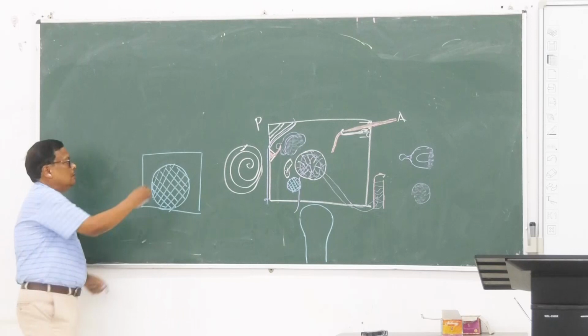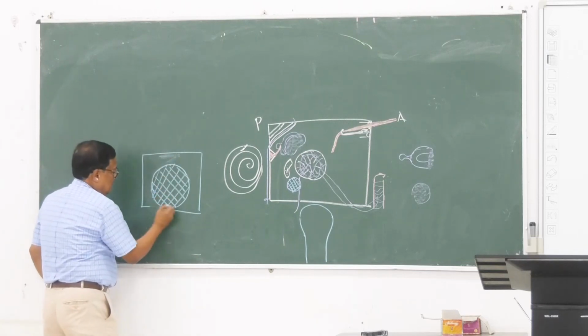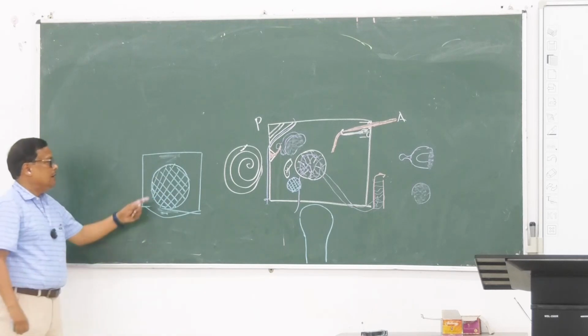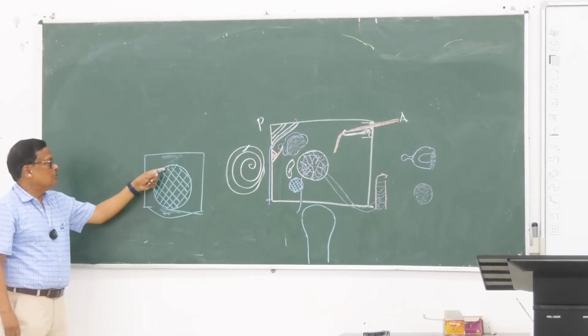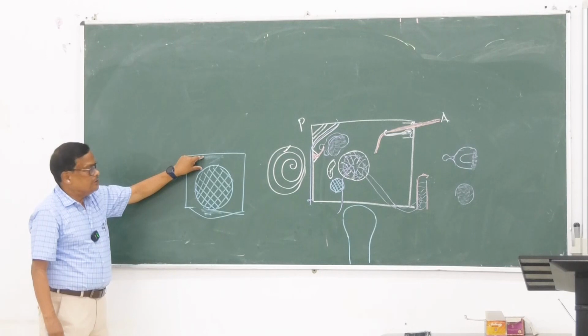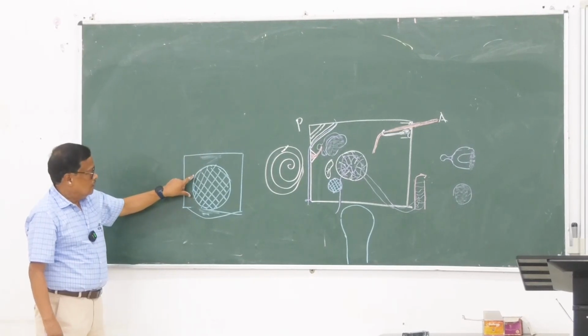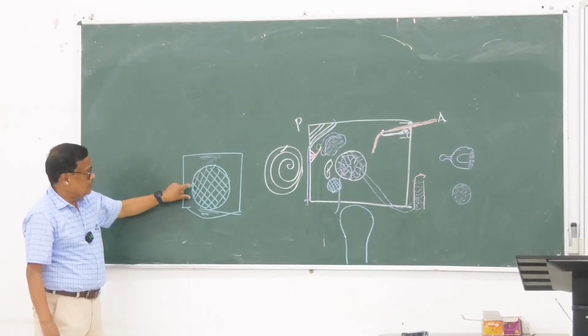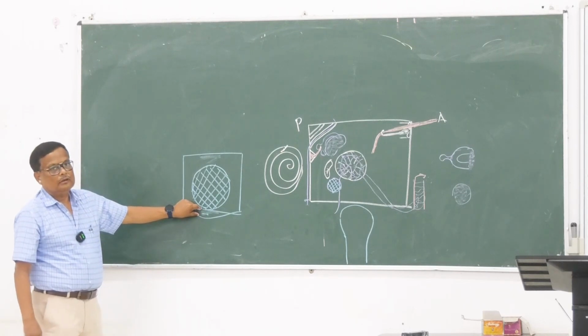Just above it, there is a bar of bone, and below there is a bar of bone. So, the middle ear cavity has a cavity above the tympanic membrane, opposite to the tympanic membrane, and below the tympanic membrane.